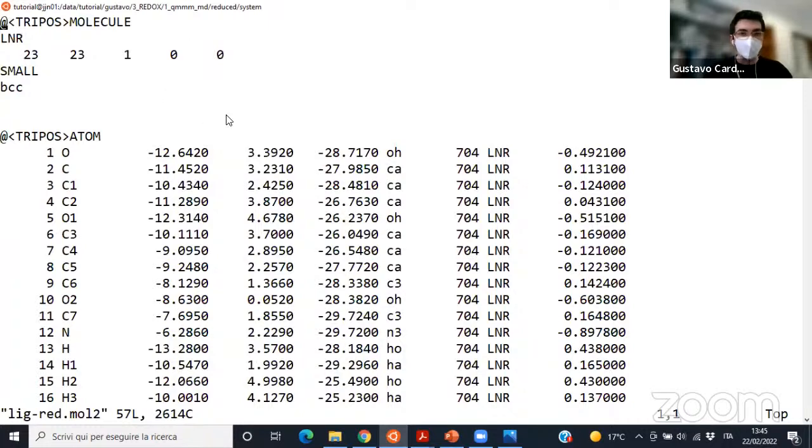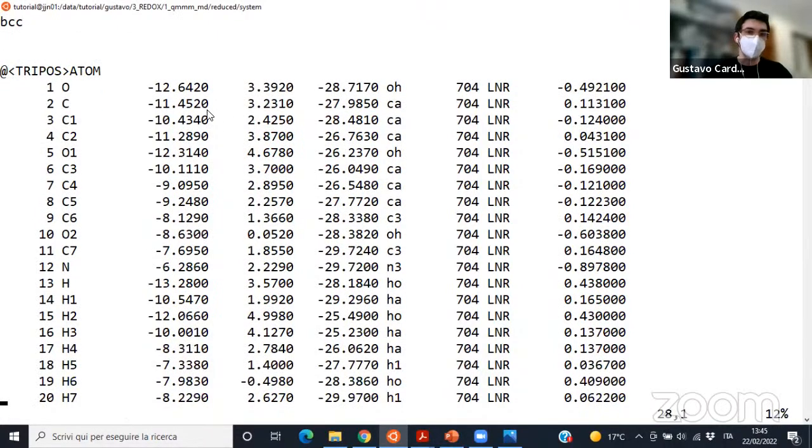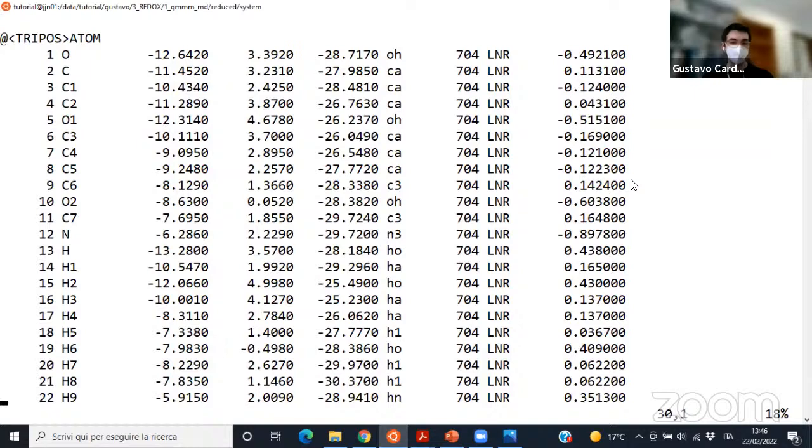If you open it, as I said before, it shows you the X, Y, Z coordinates, the atom types, which are the GAFF atom types because we told it to do so, and the point charges that it has generated. So each atom, as you can see, has a point charge associated with it. There's nothing new here with respect to what we did the other day.